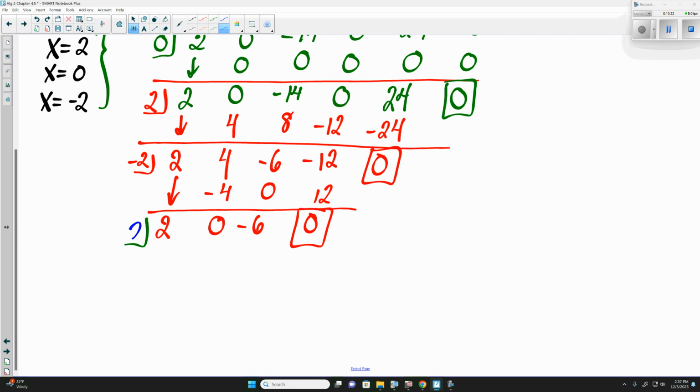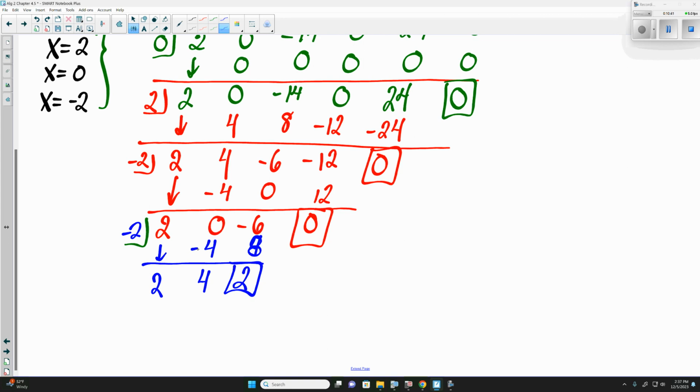If we tried with 2, bring down the 2, 2 times 2 is 4, 0 plus 4 is 4, 2 times 4 is 8, negative 6 plus 8 is 2. It doesn't work.